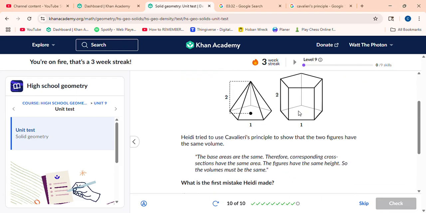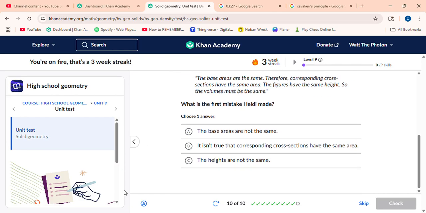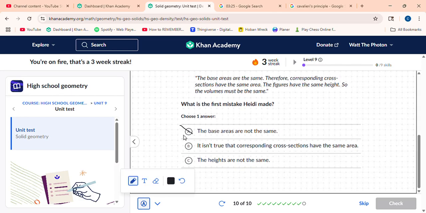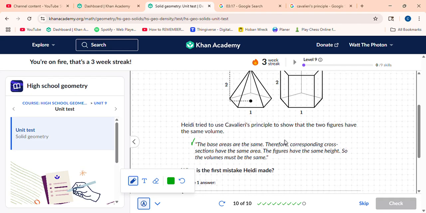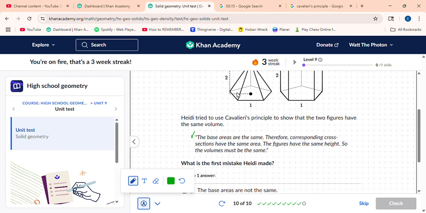So the base areas are the same. That's correct, so I can mark this. And that checks out. Get a little green check mark.